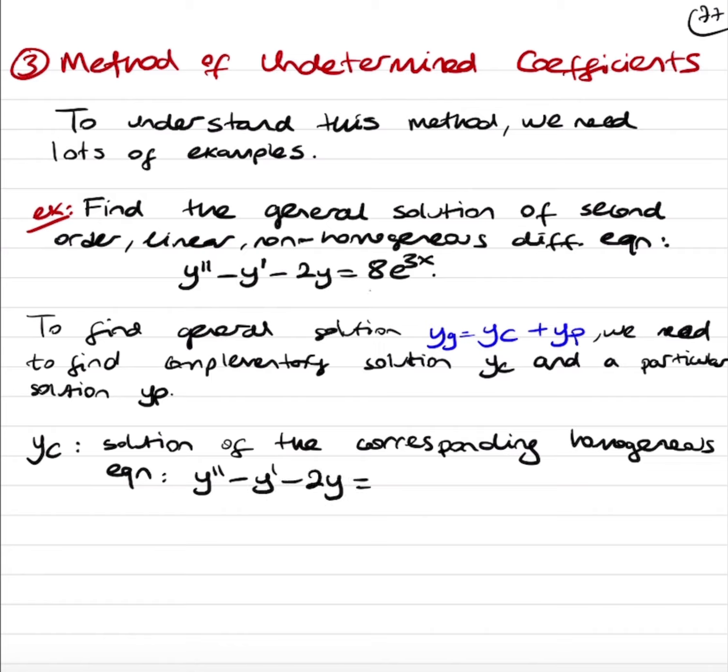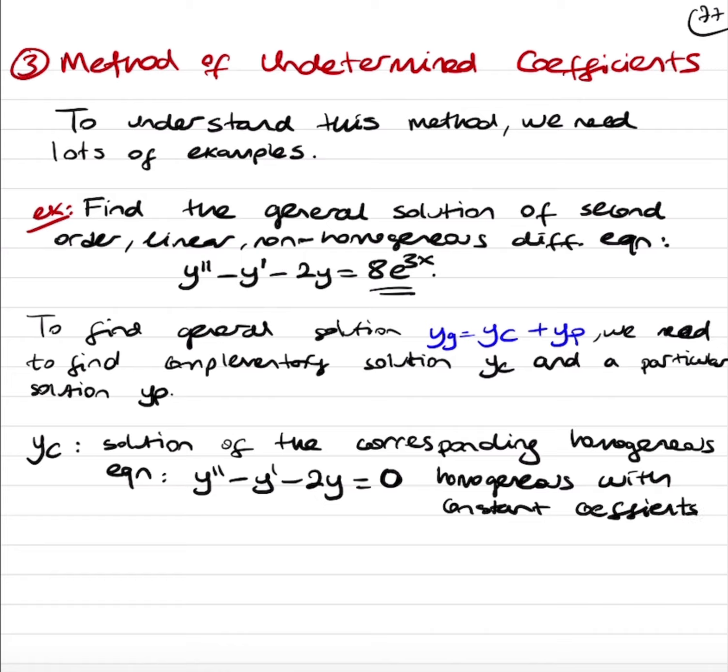Instead of it being equal to 8 e to the power 3x, we want the homogeneous part, which is equal to 0. So this is a homogeneous equation with constant coefficients.